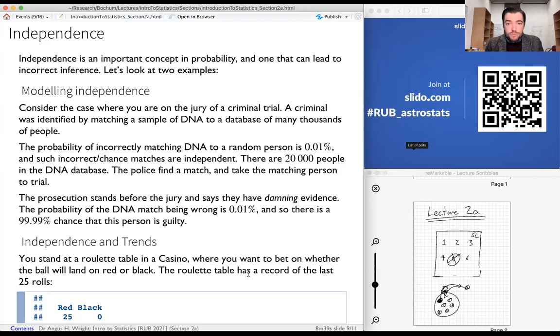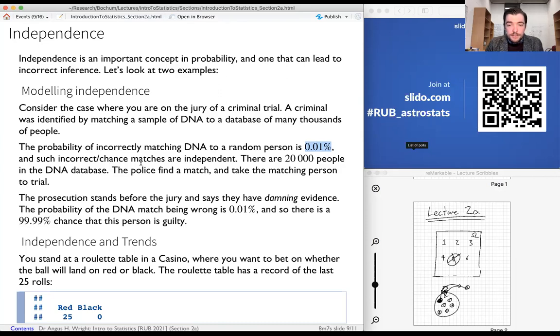The criminal on trial was identified by matching a DNA sample found at a crime scene to a database of many thousands of people. The probability of incorrectly identifying a person, given the DNA that has been found, is 0.01%. Okay.